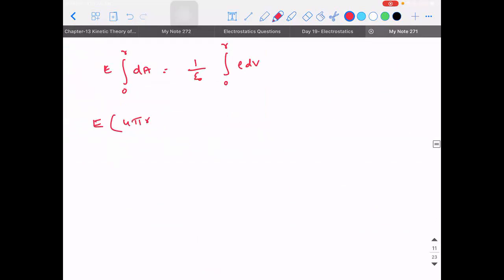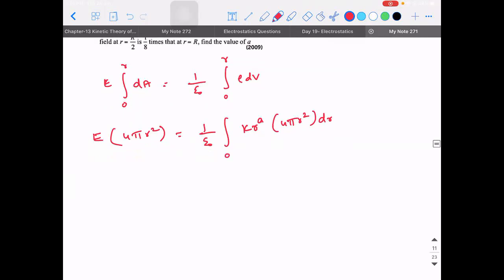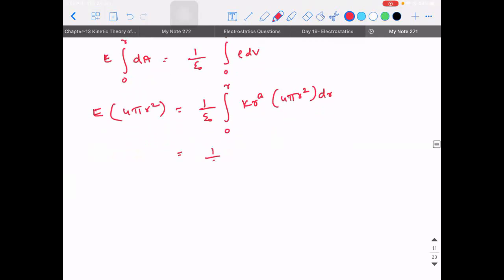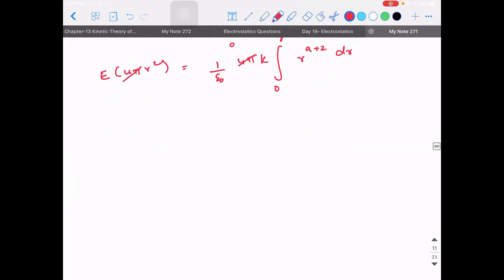E into 4 pi small r square is equal to 1 by epsilon naught into integral of k into r power a into 4 pi r square dr. I need not tell you how the dV has come. Between 0 to r. So 1 by epsilon naught into, you guys tell me, 4 pi k into integral of r power a plus 2 dr between 0 to r. That is E into 4 pi r square. 4 pi gone.